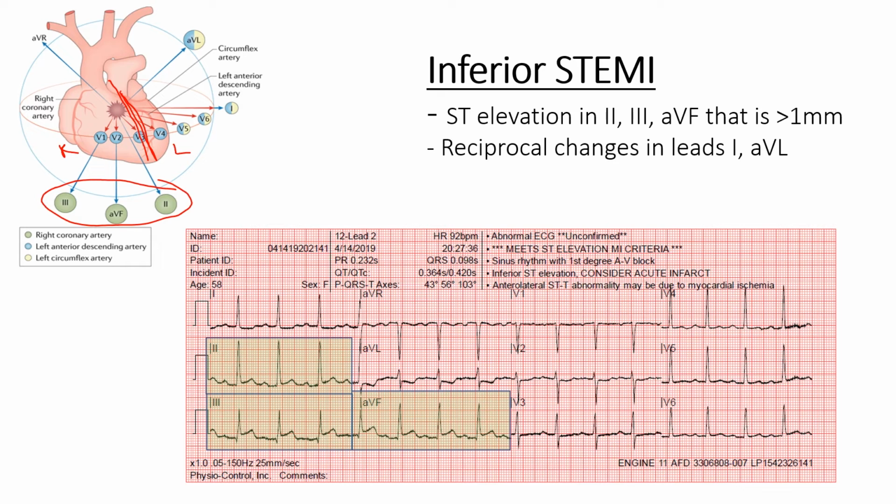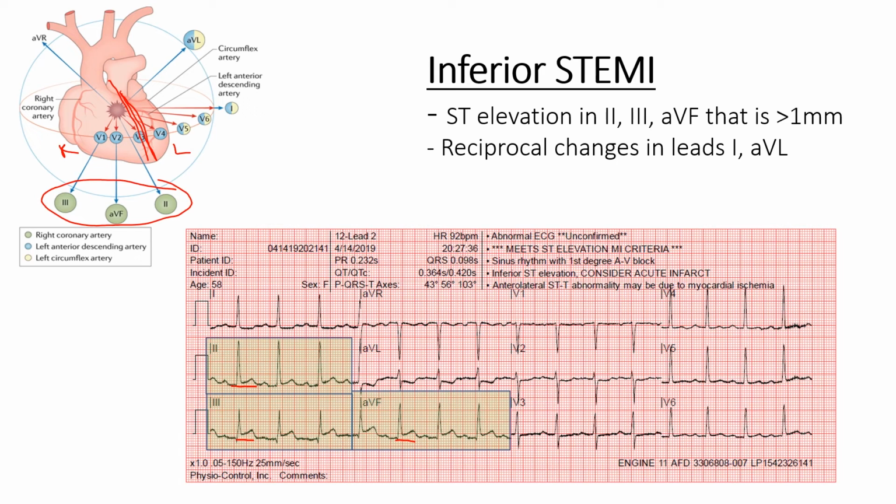And they're telling you what's going on the right side. And what we see here is a little bit of elevation from the baseline into 3 in AVF. And so we do have our first criteria of greater than 1 millimeter of elevation in contiguous leads. The contiguous just means they're looking at the same part of the heart.